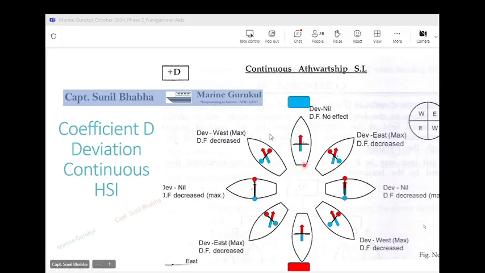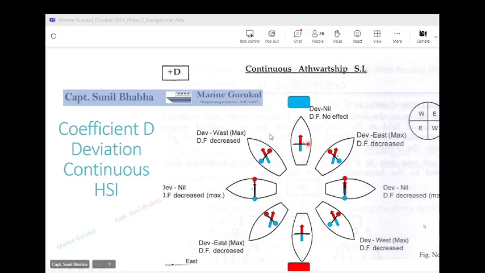So let's now first concentrate on the northerly heading. The vessel is on a northerly heading in this diagram. Now when the ship is heading north, this athwartship beam is at right angles to the magnetic field lines of the earth. The magnetic field lines are running from south to north, and this beam is lying in the east-west direction, perpendicular to the Earth's magnetic field.